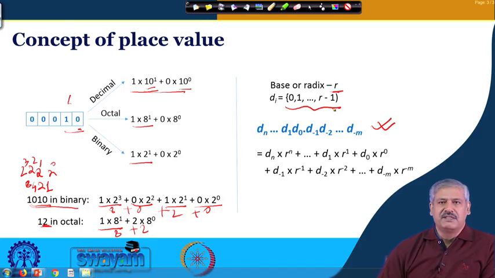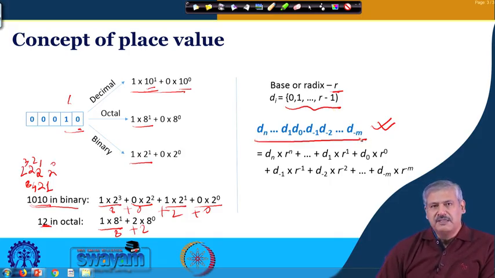For example, in octal system 0 to 7, in binary 0 and 1 only. Okay. So, then the number represented in this manner, where this is the point which divides the integer and fraction part. So, decimal point in decimal system, octal point in octal system, binary point in binary system. So, that is the point over here.